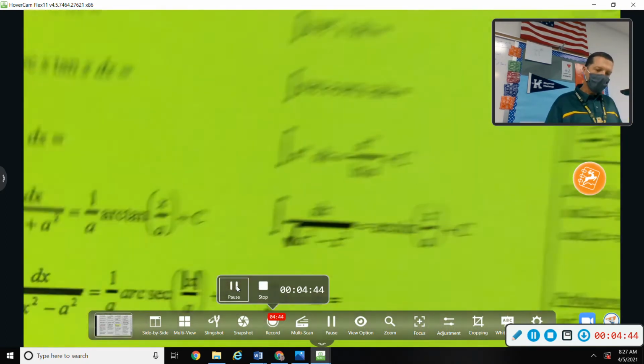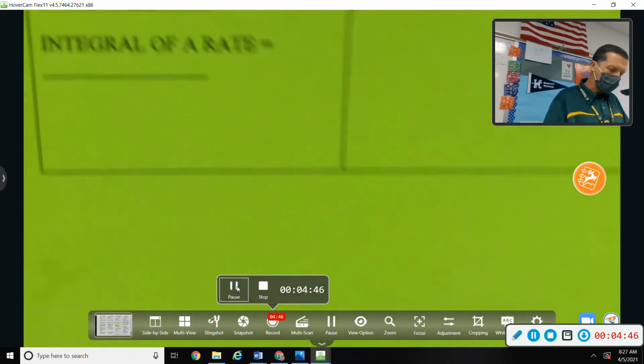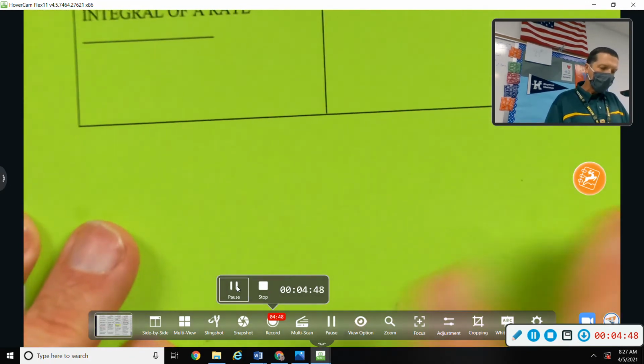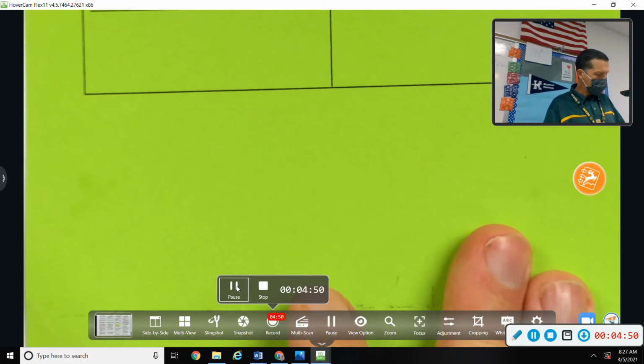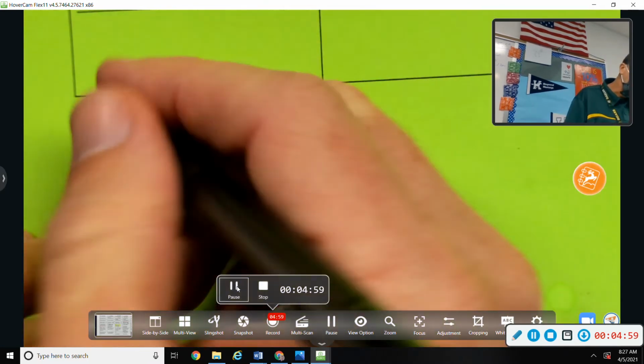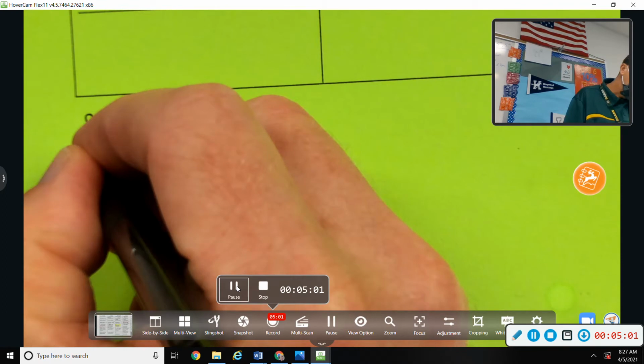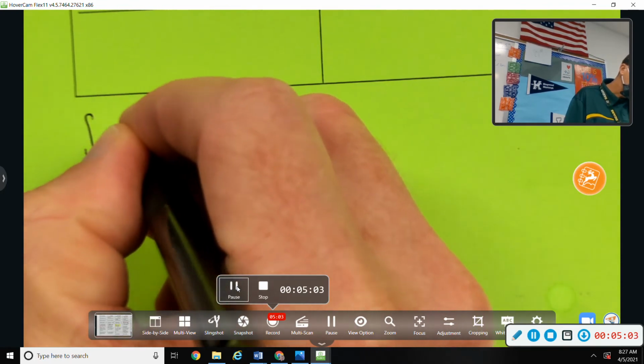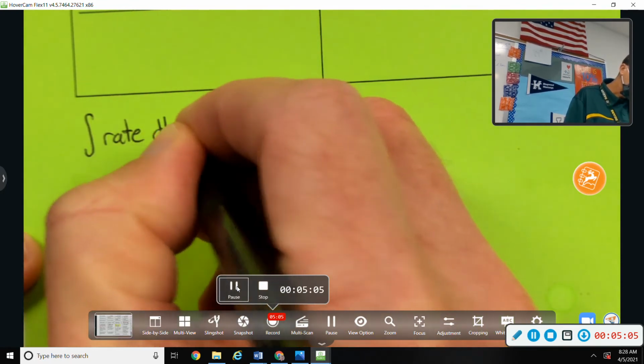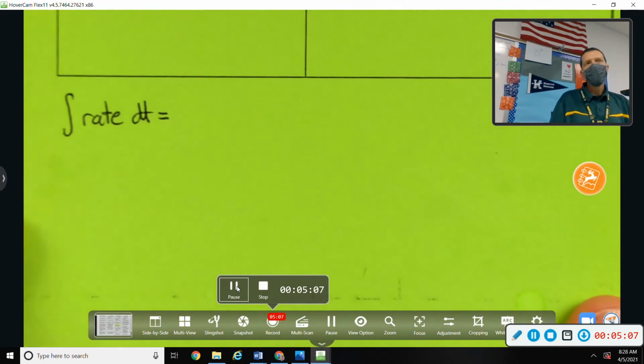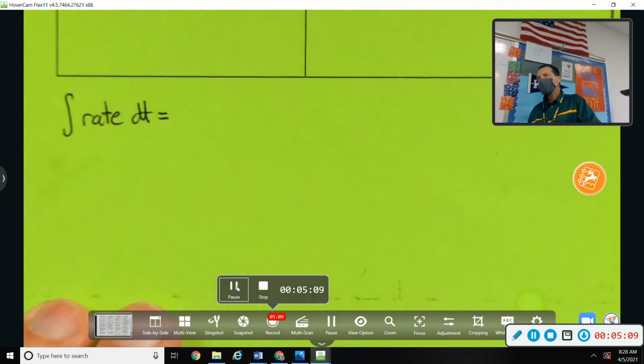What I want to do today is use a little bit of the blank space on the back to remind you of one we maybe haven't seen in a while, because it's the problem we're going to do today. And that is, if you integrate a rate, do you remember what happens when you integrate a rate?